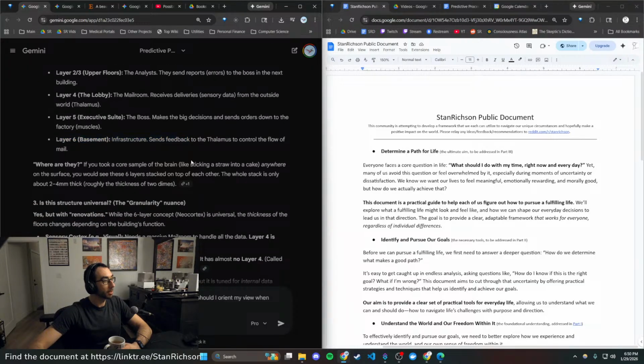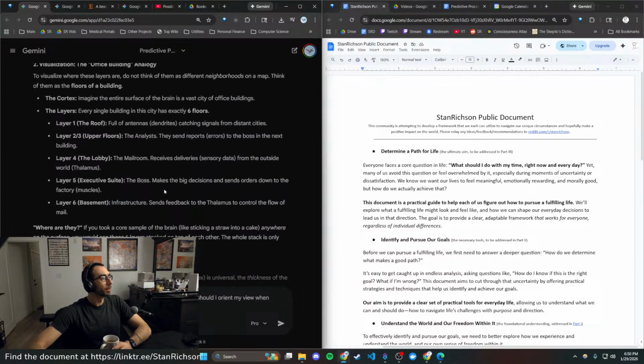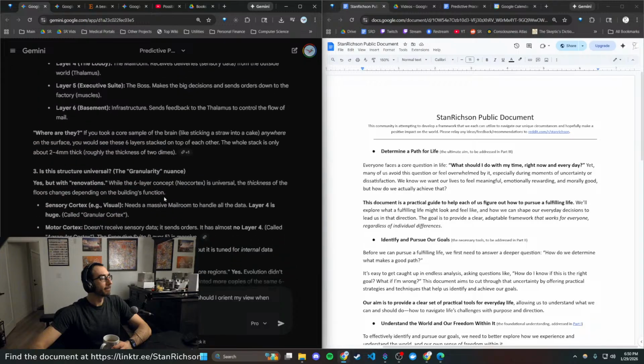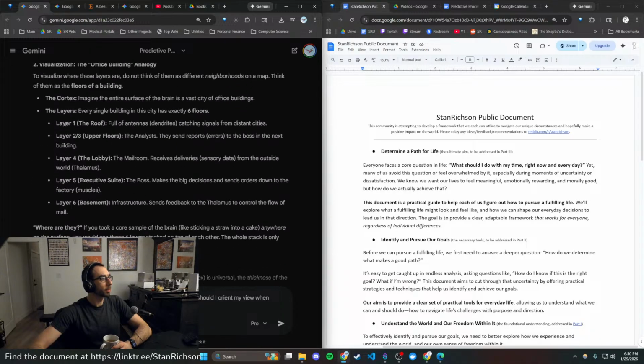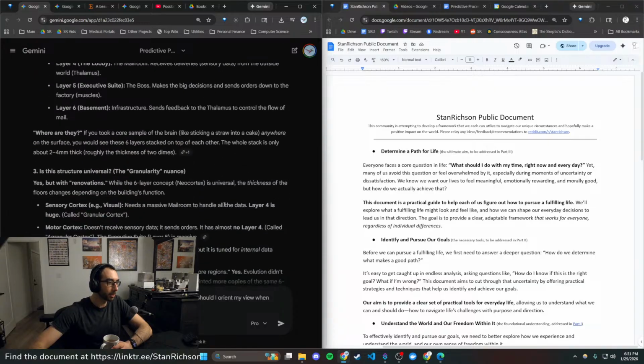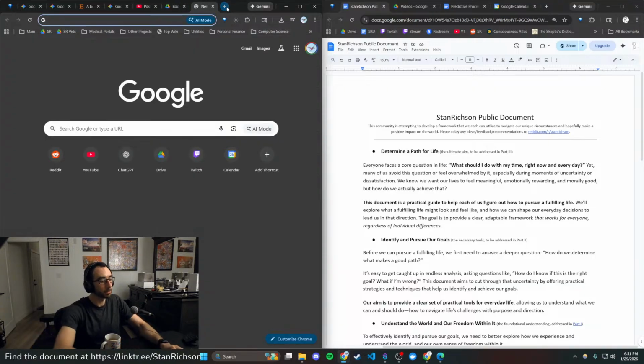Layer 6. There's a layer 6? Okay, so if layer 1... are we talking, is the back of the brain layer 1, are we saying? Am I misunderstanding the scope of the cortex?